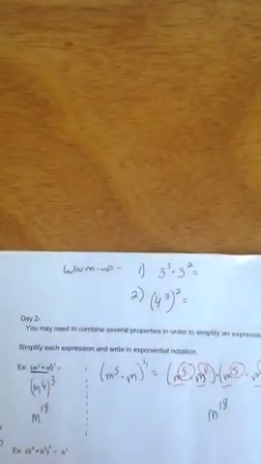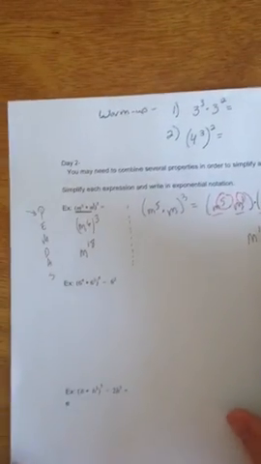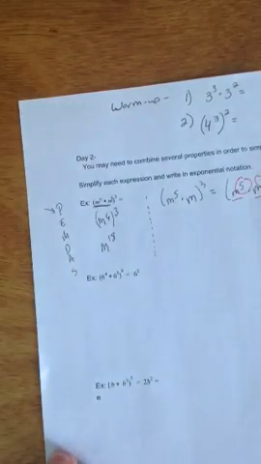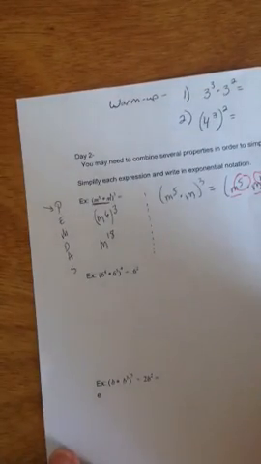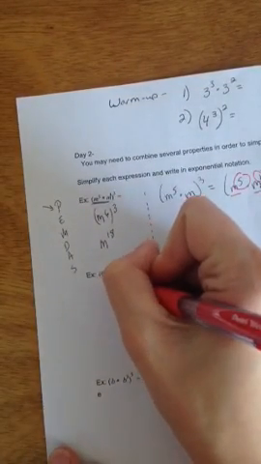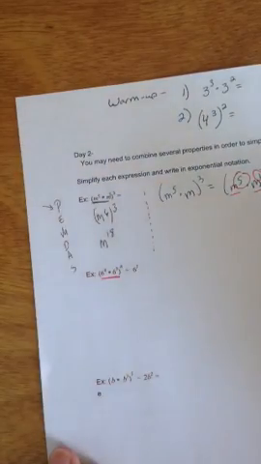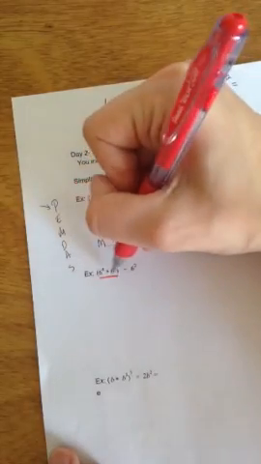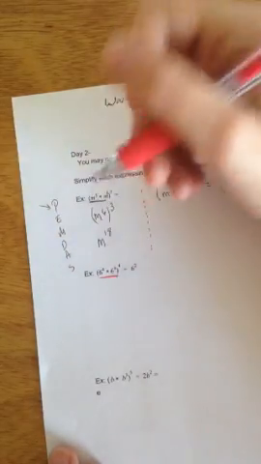Now let's try an example with some numbers involved and a little division. Again, there are multiple ways to think of this, but what I would do first is look inside my parentheses. I have 6 to the 4th times 6 cubed. Since I have the same base and I'm multiplying, I add my exponents.